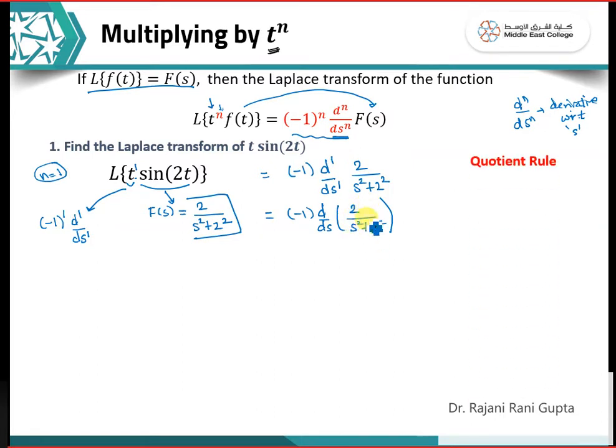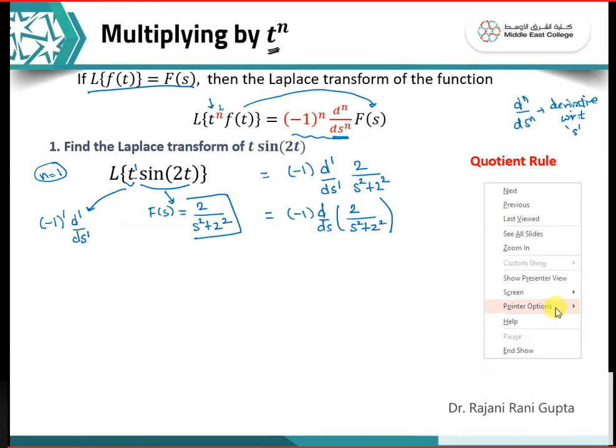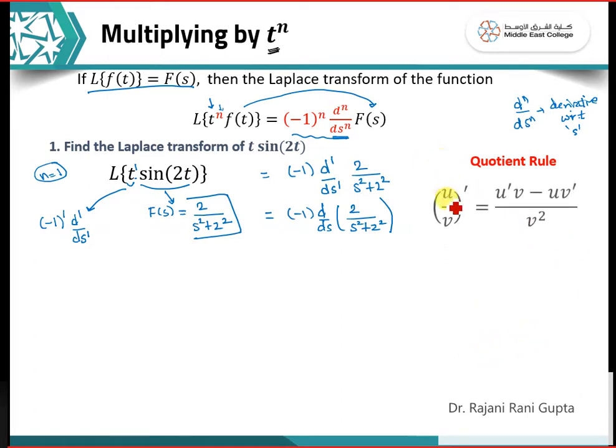Now it's a quotient of two terms, so to find the derivative we use the quotient rule. The rule says, if you have a term of the form u divided by v, and its derivative, we use this to denote the derivative, then it is the derivative of u times v minus u times the derivative of v, over v square. Comparing, the numerator is u, the denominator is v. So u is 2, v is s square plus 2 square.